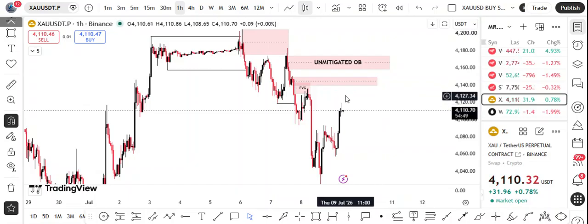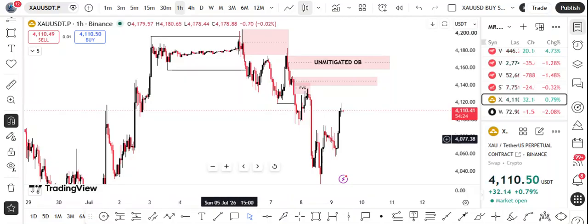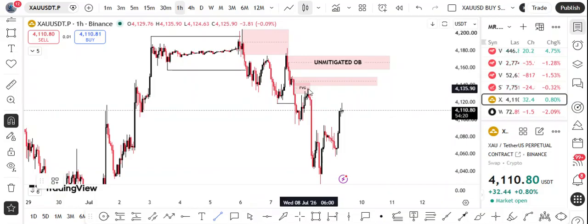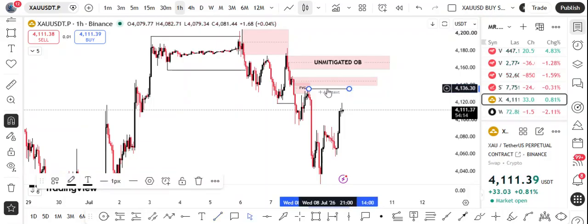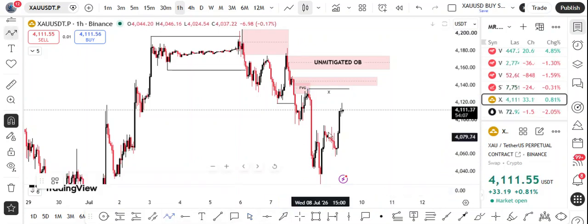The price can still move. So I was saying that the price can look at this as liquidity, right? Can regard this as liquidity, and it just comes and violates it like this.